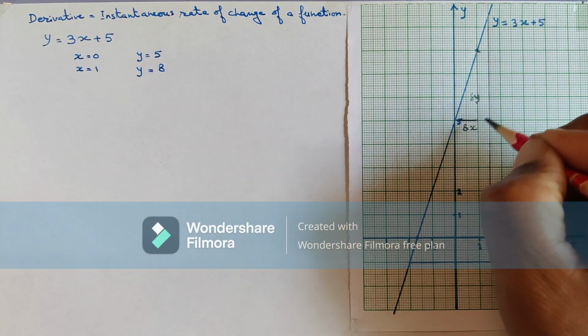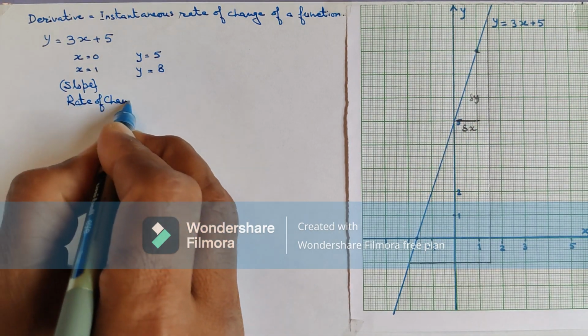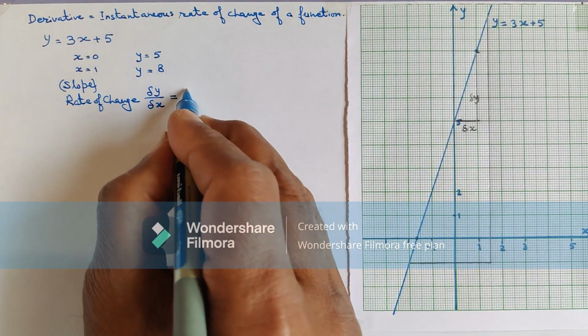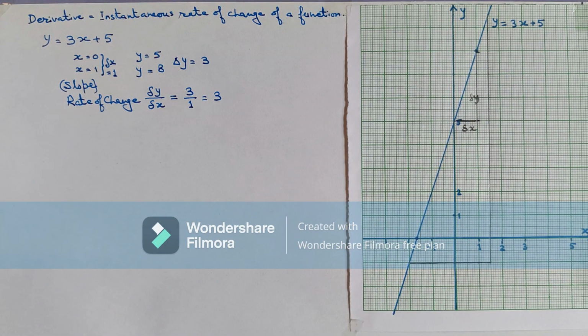From here till here. Rate of change is delta y upon delta x, which is equal to 3 upon 1, that is 3.